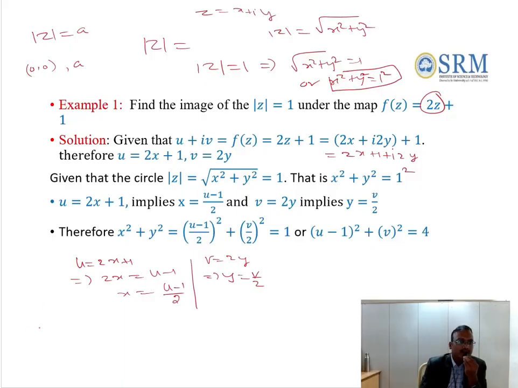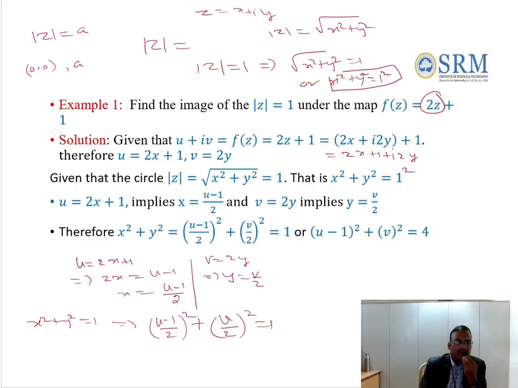Now we have the circle. What is the circle? x square plus y square equal to 1, and replace x by u minus 1 by 2 and y by v by 2. Therefore (u minus 1 divided by 2) the whole square plus (v by 2) the whole square is equal to 1, right?